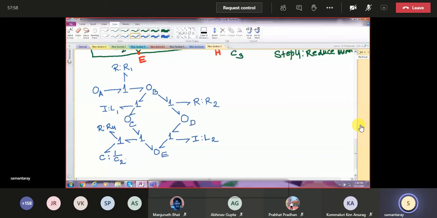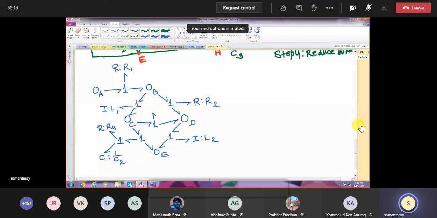Likewise, between 0C and 0D we have something. What is there between 0C and 0D? That is voltage VC minus VD.